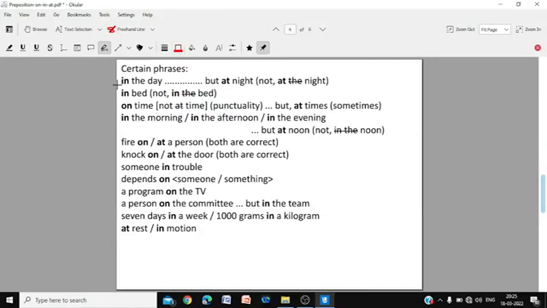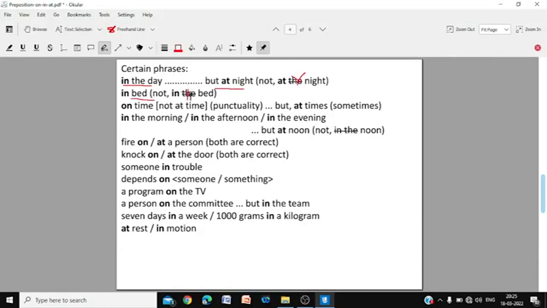Certain phrases. Now, no logic can be given. These are so-called set phrases established by long usage and custom. We say in the day, but at night. And we say at night, not at the night. In the day, but at night. In bed, not in the bed.